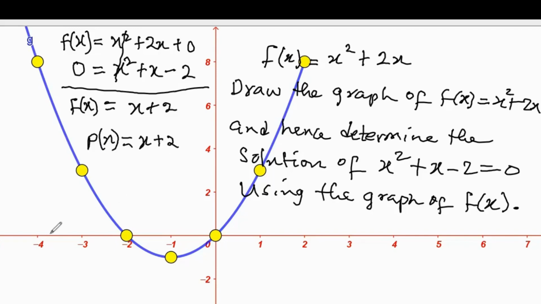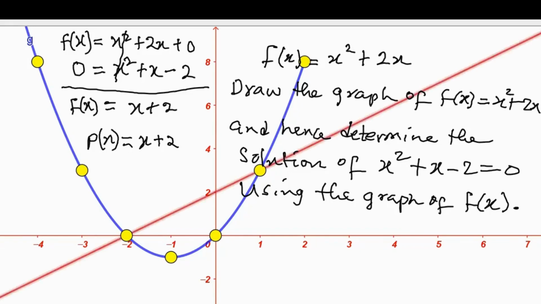So we'll now go on to find a way to draw this straight line. It's going to be a straight line. It's a linear function. So we are going to draw this straight line. And when we draw it, we obtain this, right? Now, we are going to look at the points of intersection.